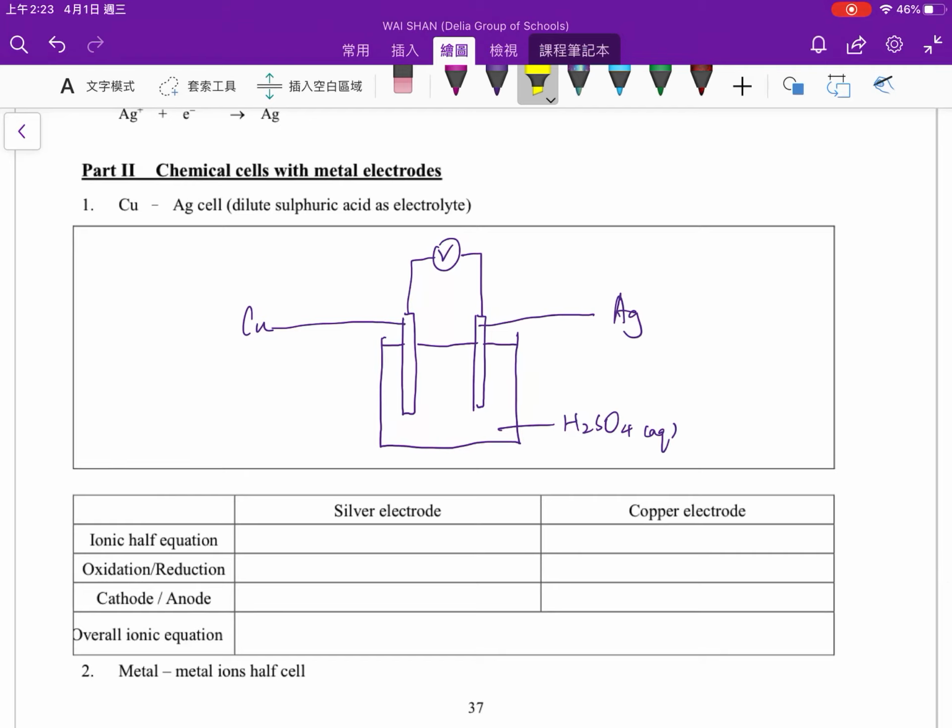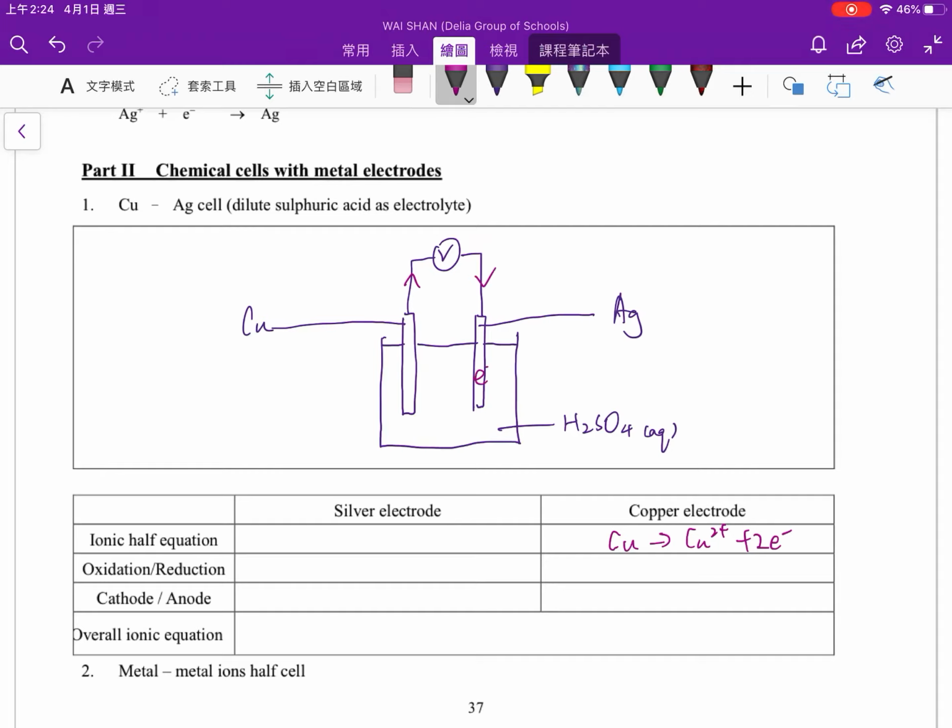the simple chemical cells we have learned before. Like this cell, which is made of copper and silver electrodes, I think you know it already. The copper will lose its electrons, and the electrons will pass through the external circuit and then go to the silver electrode.